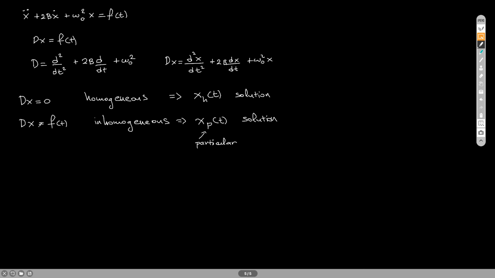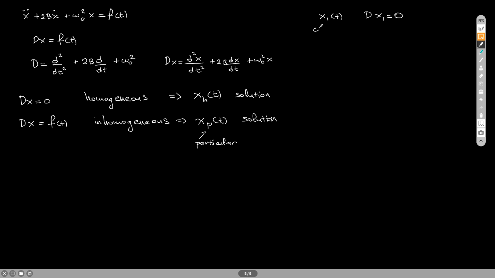Before I move on with the important part, I do want to show you some ways that I can use this differential operator. Let's say that x1 is a solution to the differential equation. Then what this means is that if you take the operator D and you apply it to x1, you will get a 0.